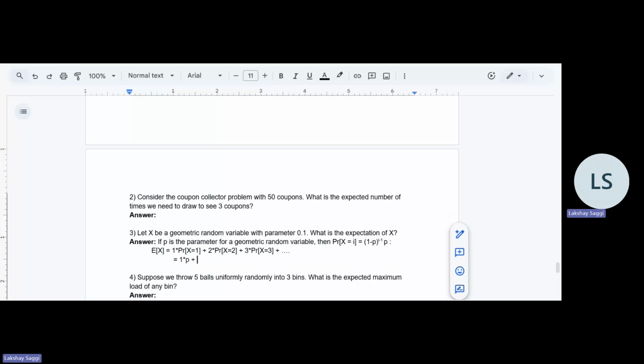So it's just 1 multiplied by p, plus the second term, which is 2 times (1 minus p) times p, plus 3 times (1 minus p) squared times p, plus 4 times (1 minus p) cubed times p, and so on.